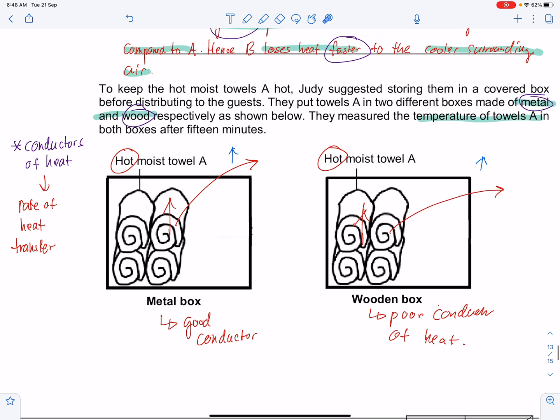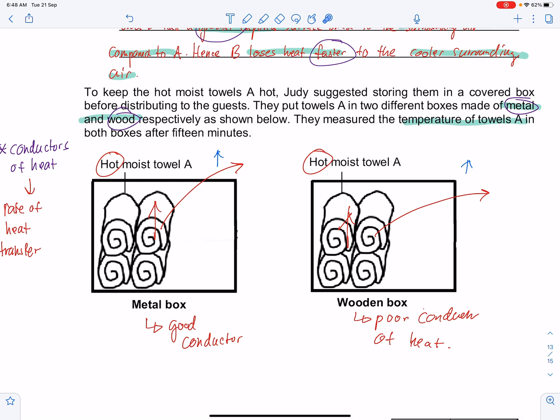So anyway, before even looking at the question, I would know that the temperature of my wooden box should be higher when I compare this to my metal box. Why?